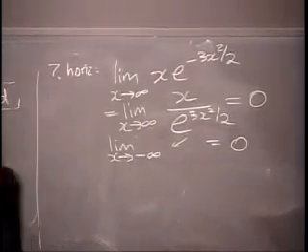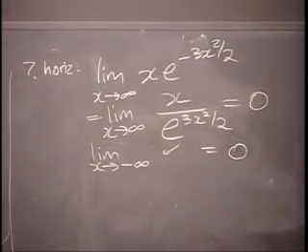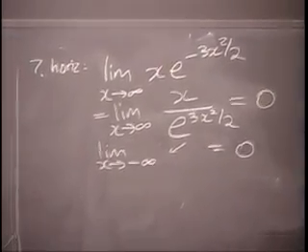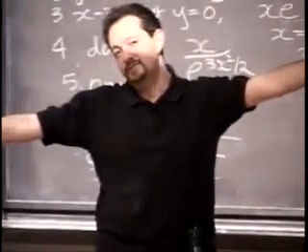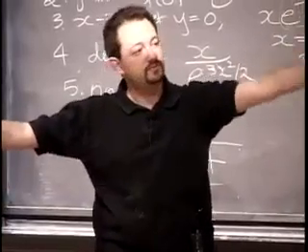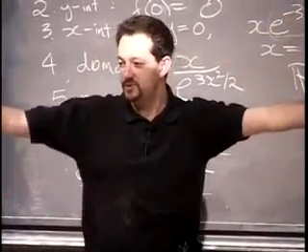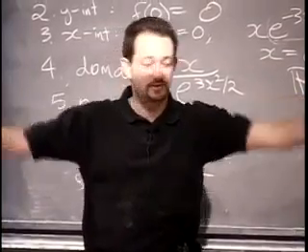We don't even have to think about it. It's an odd function, so the asymptote on the right and the asymptote on the left have to be opposite. If this one was at 5, this one would have to be minus 5. But because this one's at 0, this one's at minus 0, which is 0.